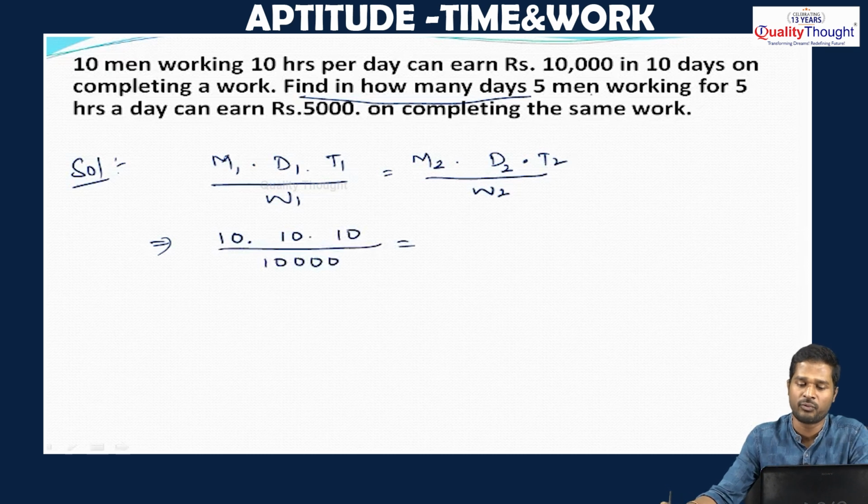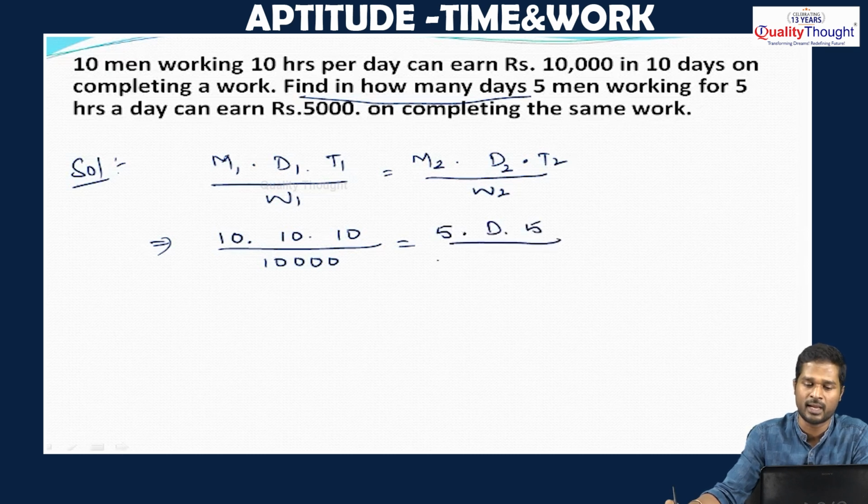Find how many days 5 men in the second group will take. I am taking the days as D, they will be working 5 hours per day and they will receive a salary of 5,000.